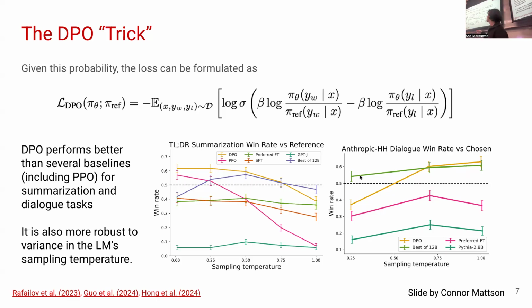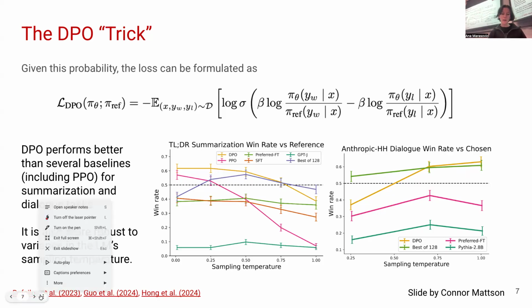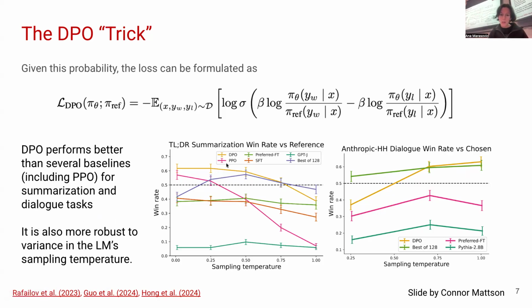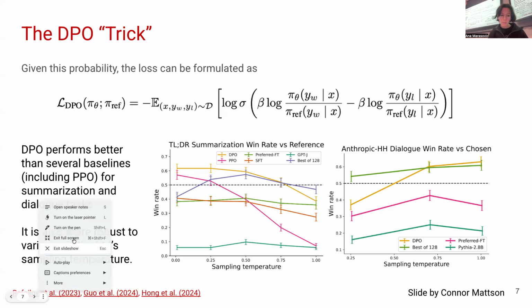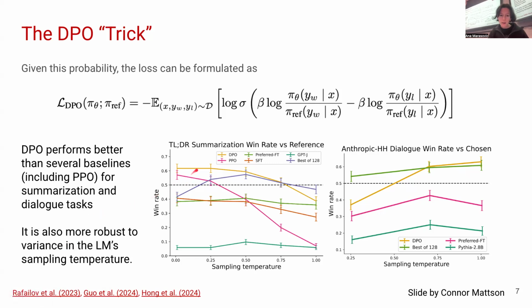The win rate means that a certain model, like PPO, had won over some other model. I don't remember which one exactly. The point is that the higher the win rate, the better the model is. And when we compare DPO and PPO, the yellow and pink lines, in all cases, for all sampling temperatures, DPO is better than PPO.